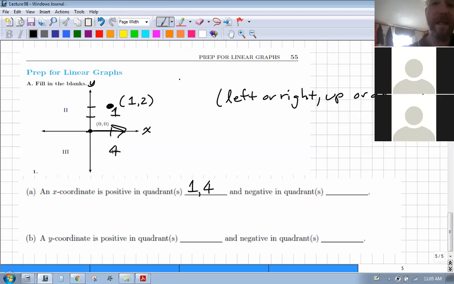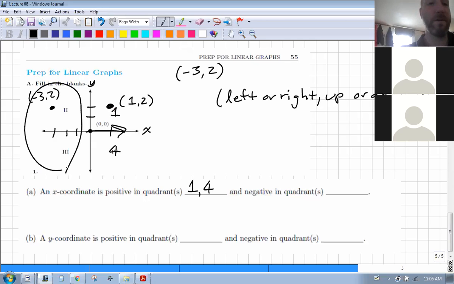If your X is negative, say like -3, 2, that says go to the left 1, 2, 3, and then go up 1, 2. So that's a -3, 2. So if you're going to the left, you're either in quadrant 2 or 3, and you only go to the left if your X coordinate is negative.